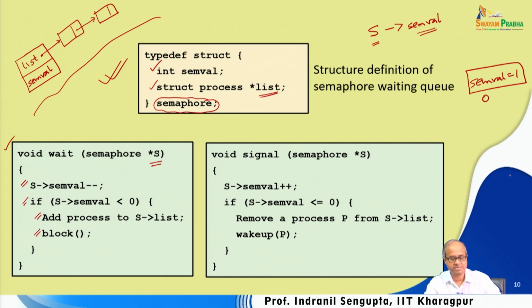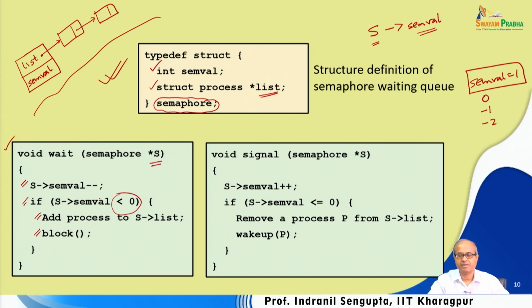But it is not less than 0, not negative, so it will not block, it will enter the critical section. But for the other 2 processes, for the second one semval will become minus 1, for the third one semval will become minus 2. So, they will be waiting because now semval is less than 0 for them.